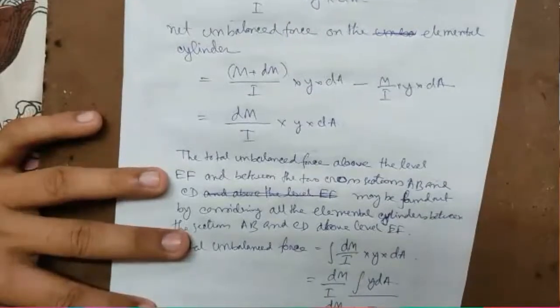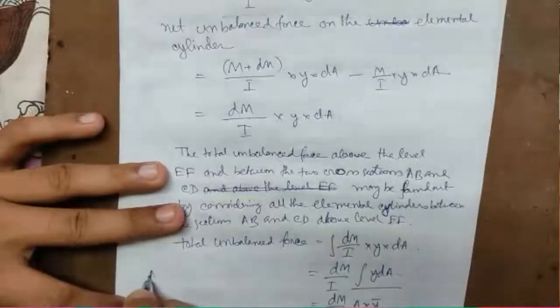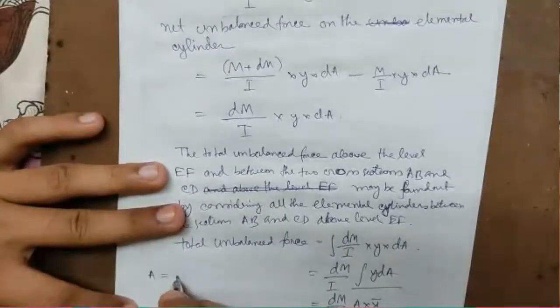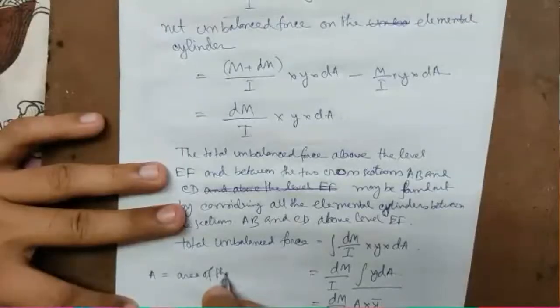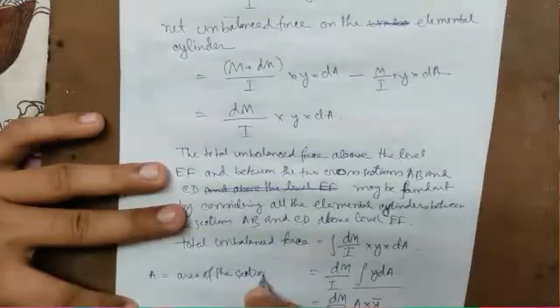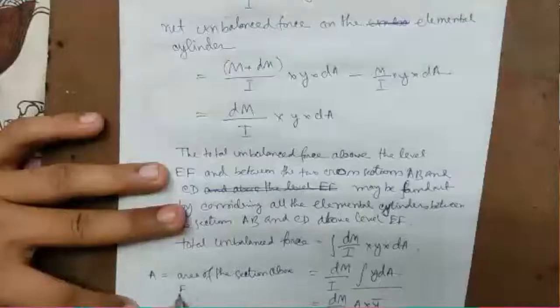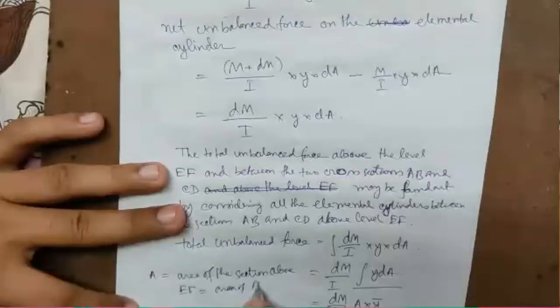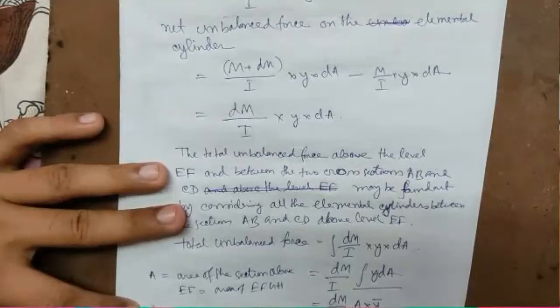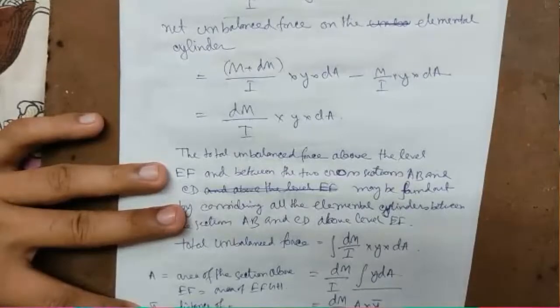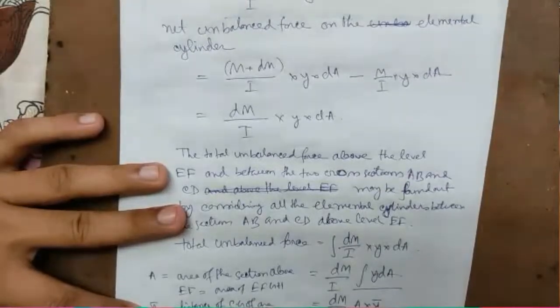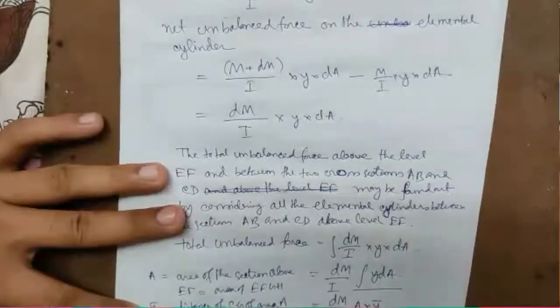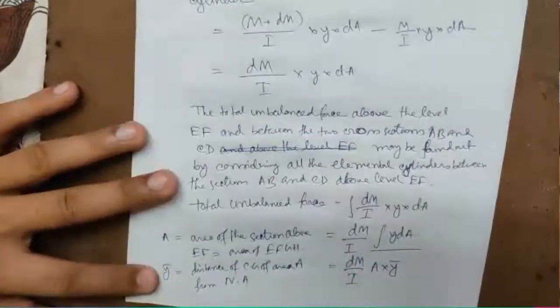So here we can write this capital A is the area of the section above EF, equal to the area of EFGH, and y bar is equal to the distance of CG of area A from the neutral axis.